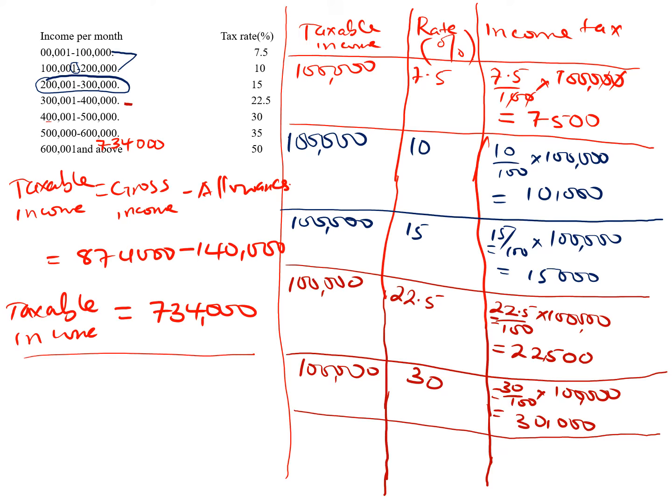And then also here from 500 to 600, I'm seeing also 100,000, but the rate is 35%. And then here we shall have 35 out of 100, then times 100,000, and we get here the answer as 35,000.